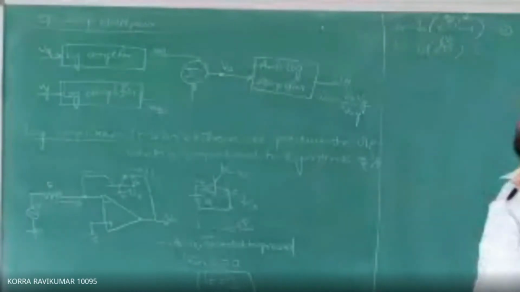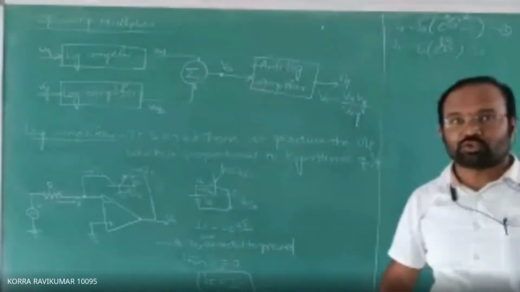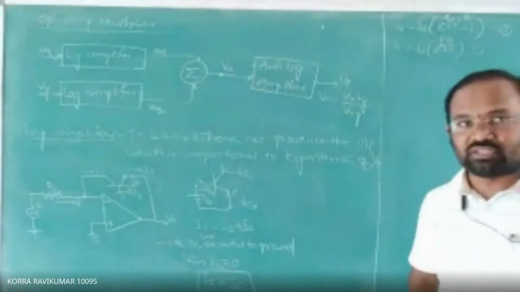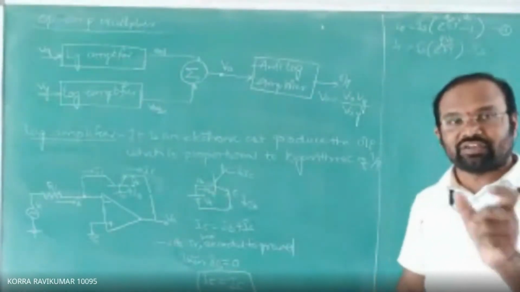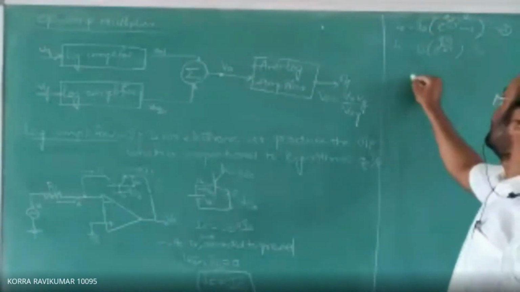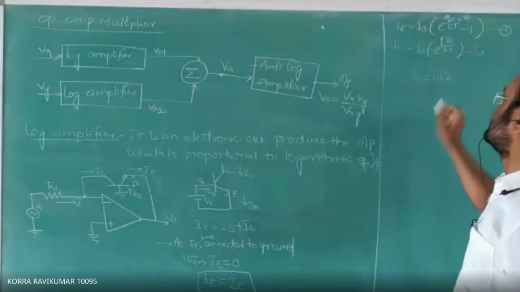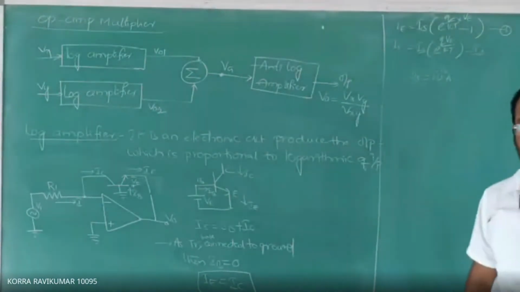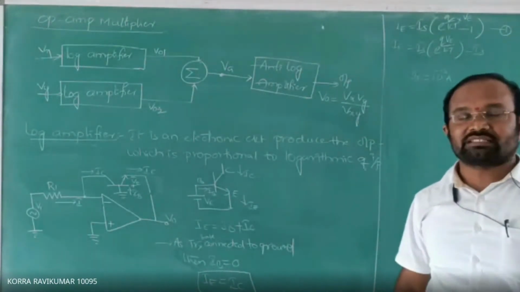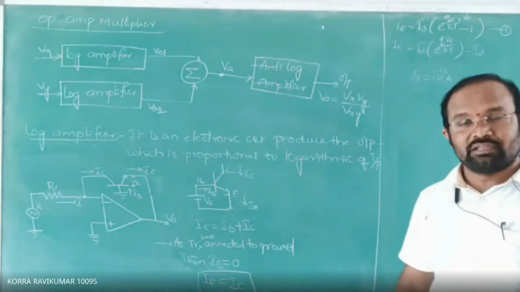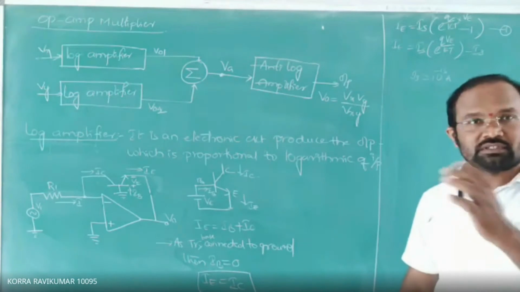IS. Here IS is the saturation current and it is also called the reverse saturation current. It has a value of approximately 10 power minus 13 amperes. 10 power minus 13 means around pico. Not milliamperes, not microamperes, not nanoamperes.